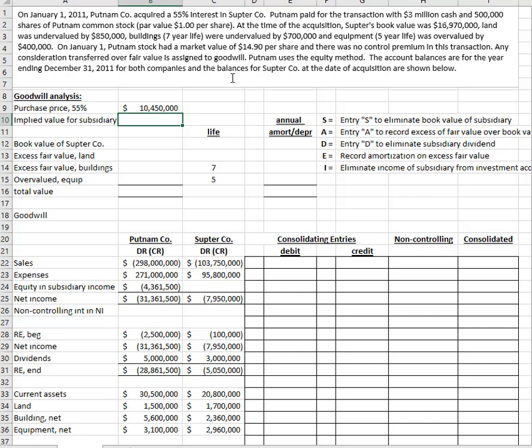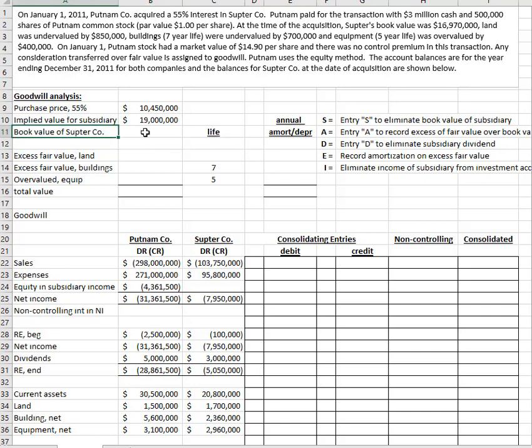So if that's 55%, what's 100%? So we take that and divide it by the 0.55. So that's the implied value for the entire subsidiary, the 100%. All right, and then the difference would be the implied value of the NCI that would get booked into that NCI account.